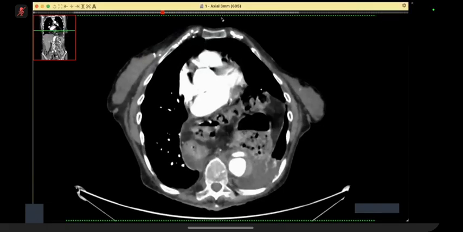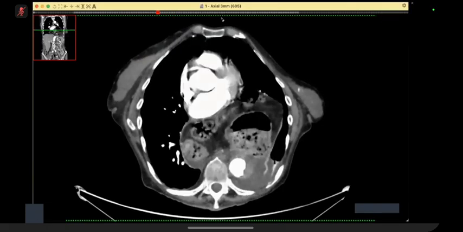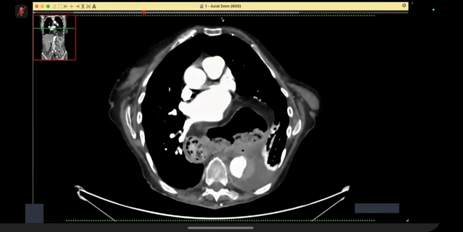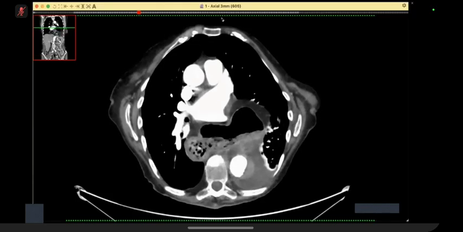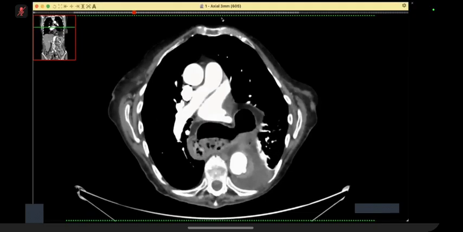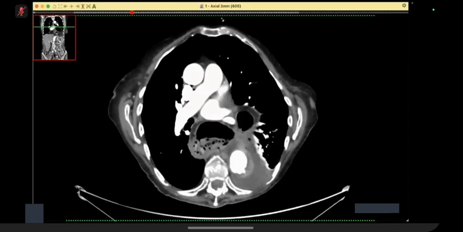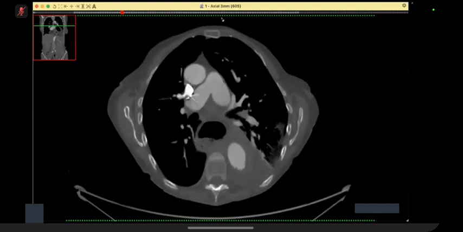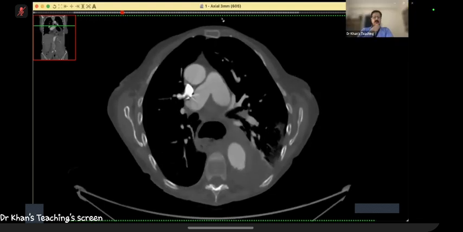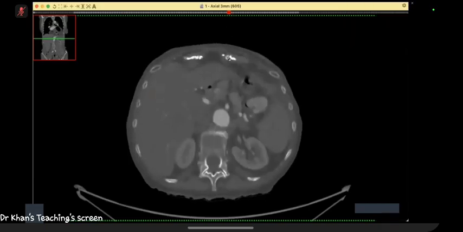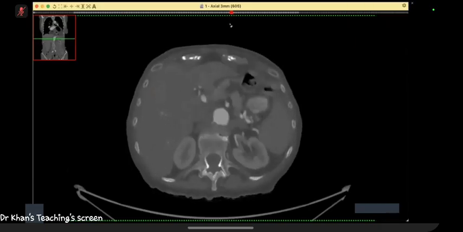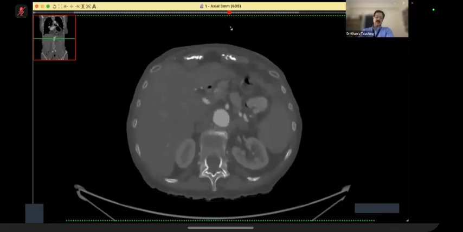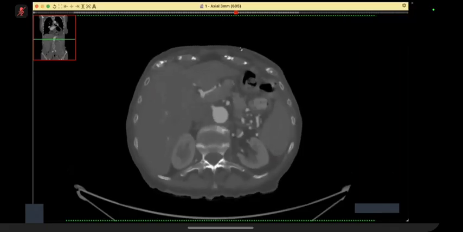Okay, sir. I've given you a better window for aorta. So I'm not able to scroll well. If you can scroll for me. Yeah, okay. Leave it. Don't move now.